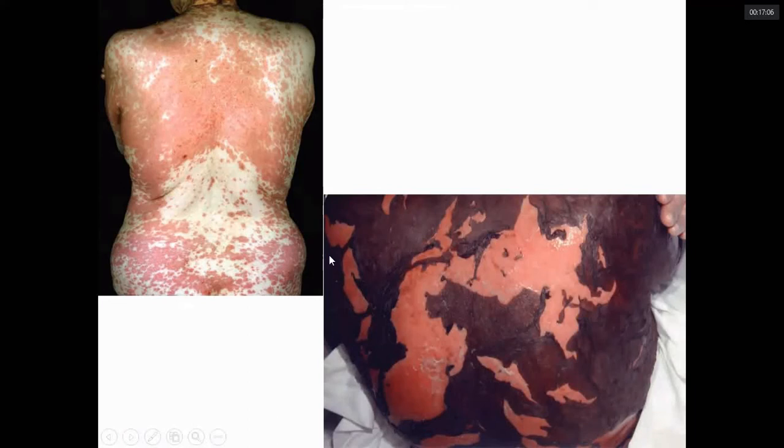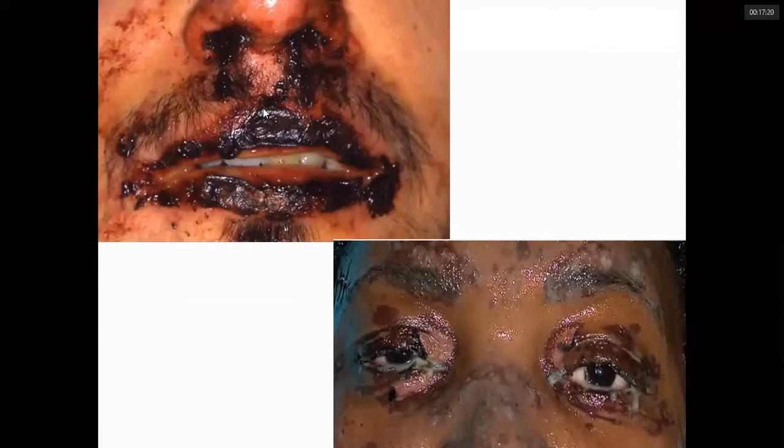Over the trunk, after the rupture of vesicles, you can see it leaves a raw area of dermis. These are all raw areas of dermis after rupturing of vesicles and bulla. This is involvement of lips and nasal mucosa. This is involvement of eyes. You can see there is discharge and redness over the conjunctiva.